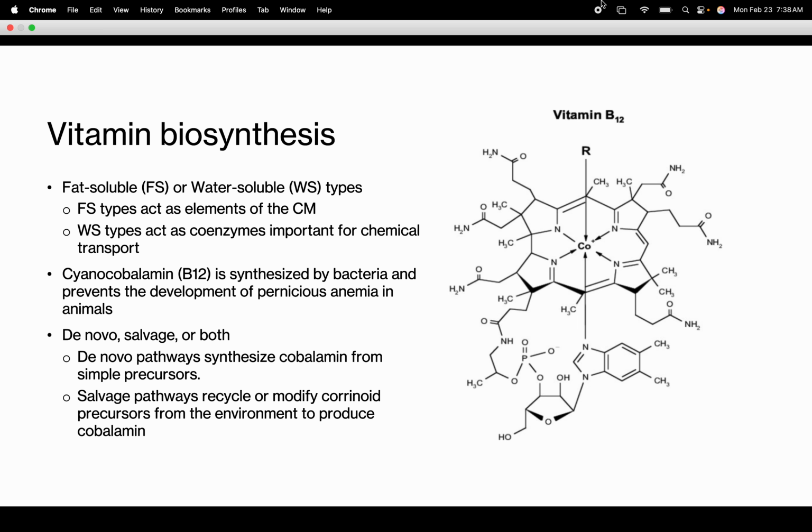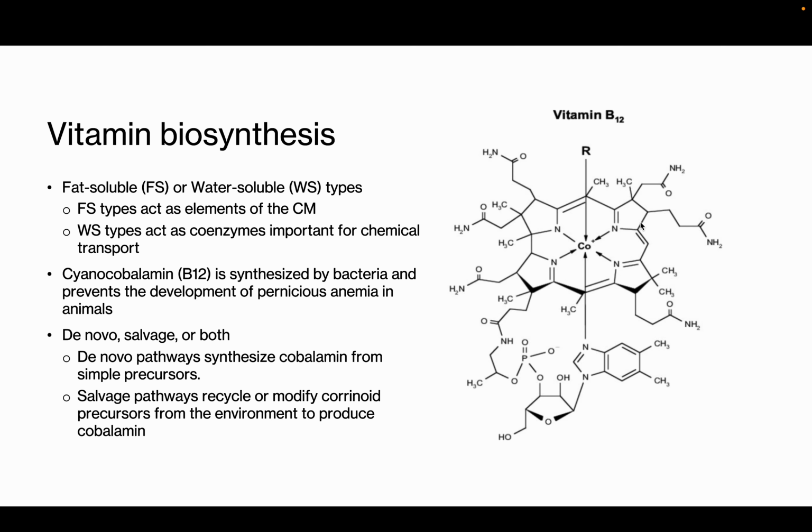And there are also salvage pathways that recycle or modify the corinoid precursor from the environment. Here you can see the central corinoid molecule, the one associated with cobalt. This is a very complicated molecule.